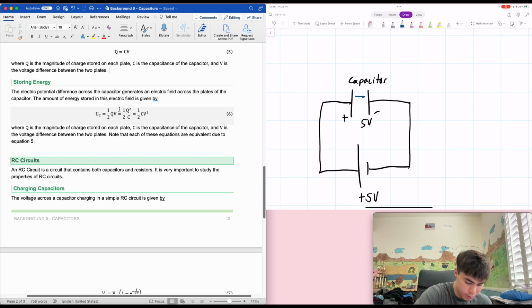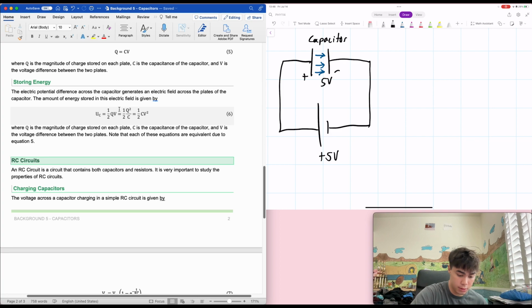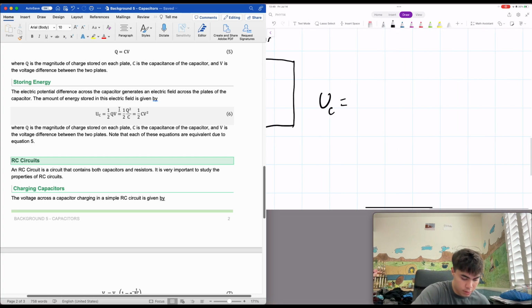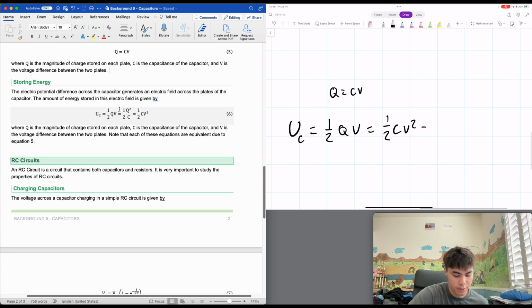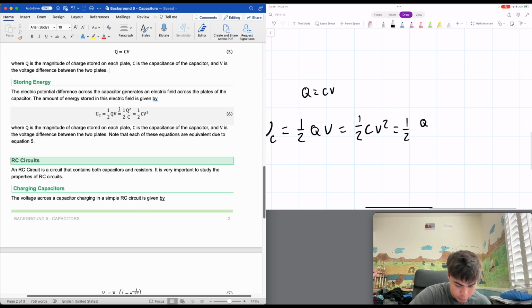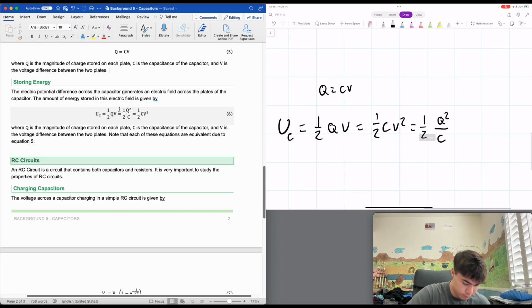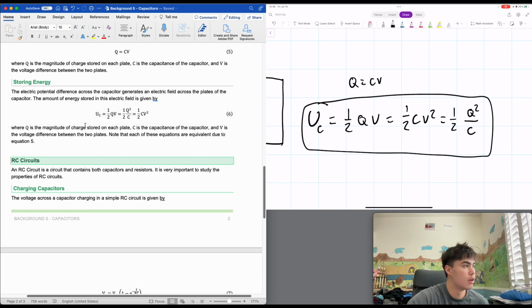So if we have an electric field here, this is all energy, and the amount of energy stored, the energy of the capacitor, is 1/2 the charge times the electric potential between the plates, or, using Q equals CV, 1/2 CV squared, and this is also the same as 1/2 Q squared over C. These are 3 equations for the energy stored within the capacitor.